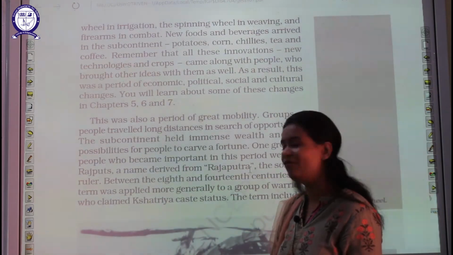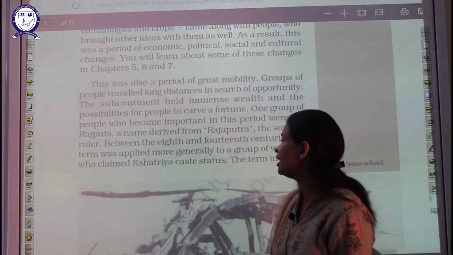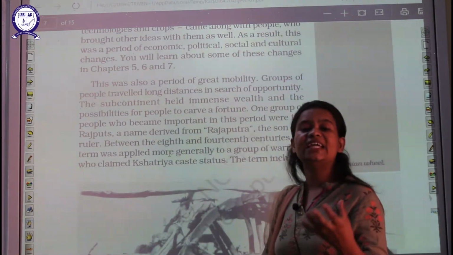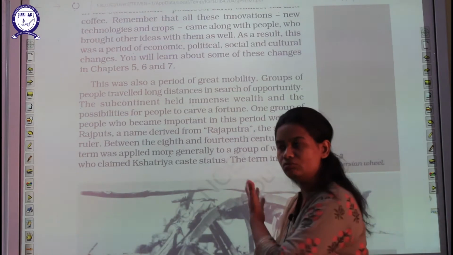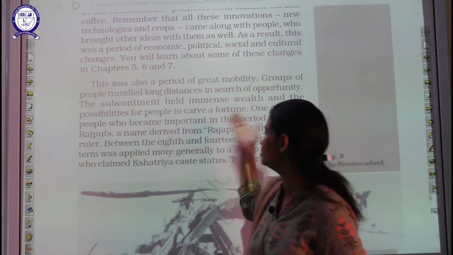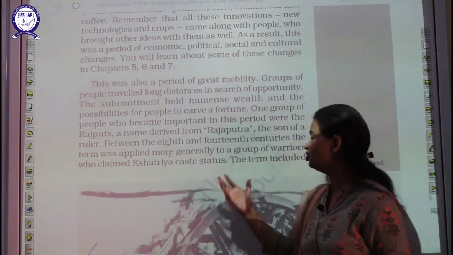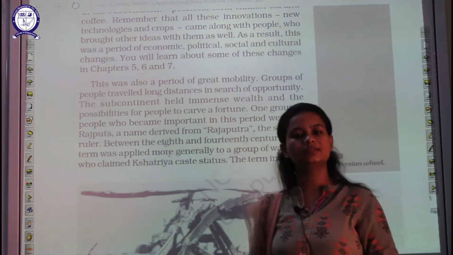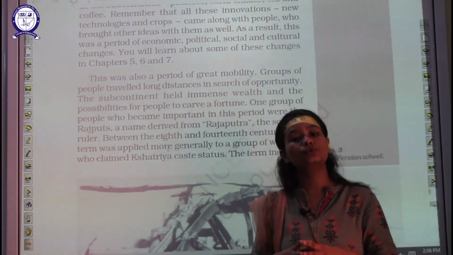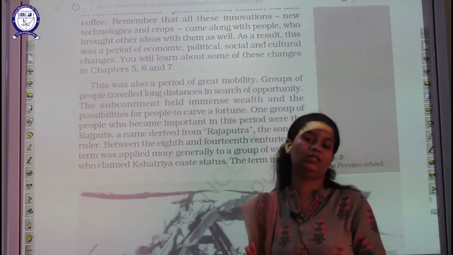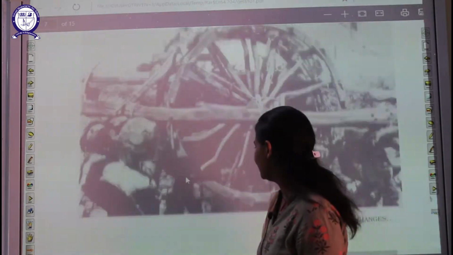Nowadays they are found mostly in the state of Rajasthan. Rajputras always represent the Kshatriya class or Kshatriya caste status. They were engaged in fighting, and described themselves as warriors or Kshatriyas.